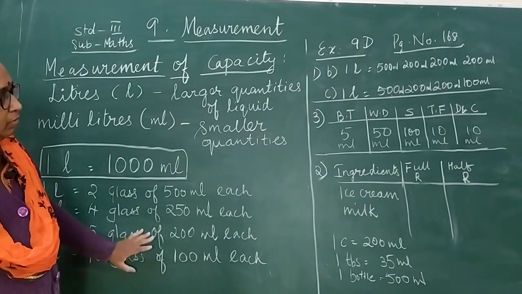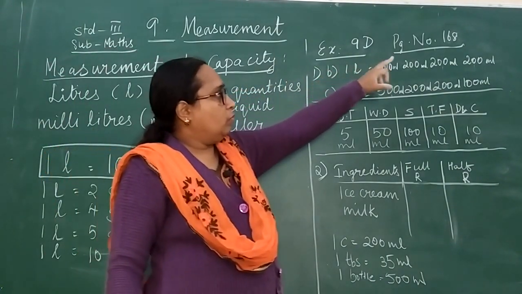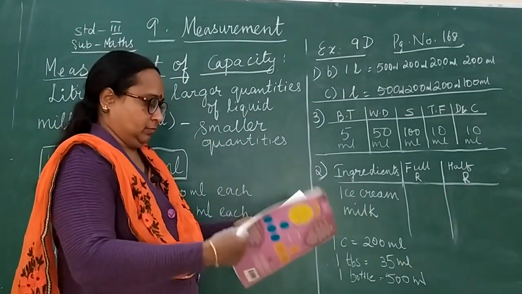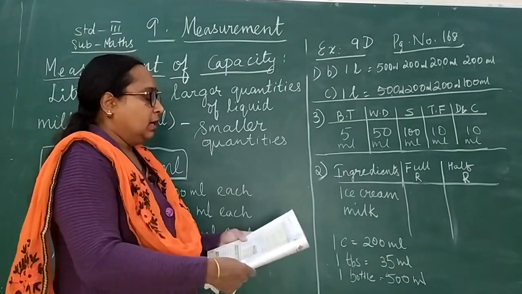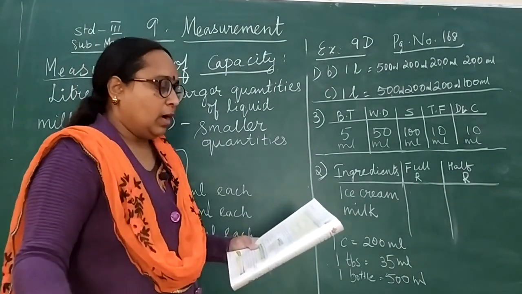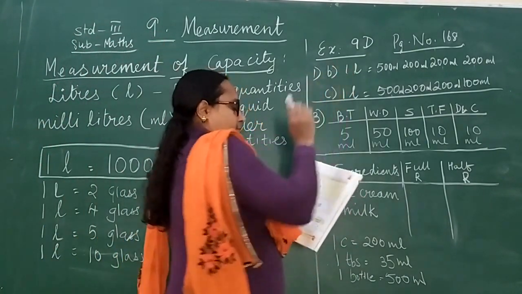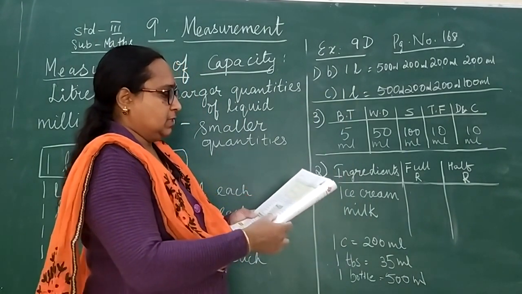So now we will go for the exercise 9D, page number 168. The first sum: the jug holds 1 liter. So you have a jug which is having 1 liter. Will the glasses fill up the jug?